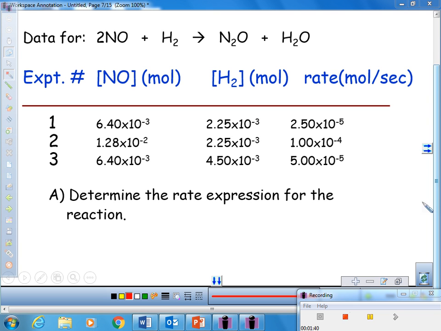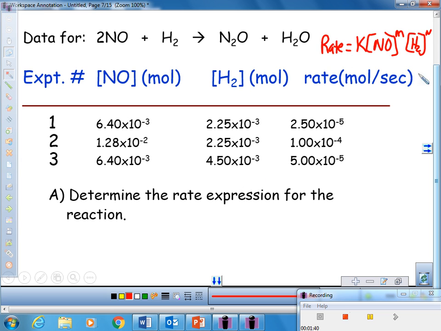Okay, so if we look at this, our general formula is going to look like this. Rate equals K, and it's going to be your reactant, which is NO, raised to some power that I don't know, and then it's H2 raised to some power.